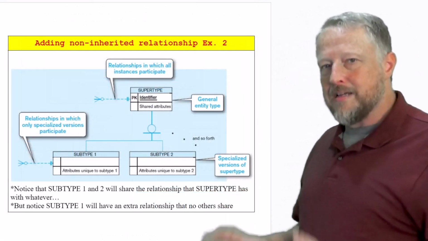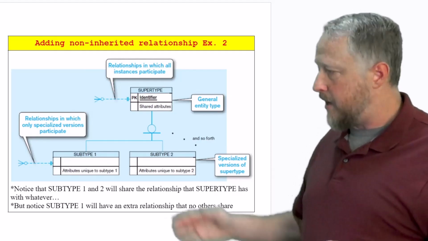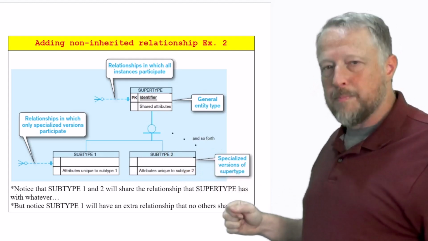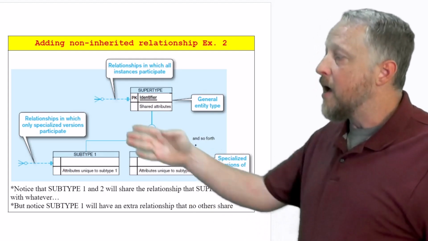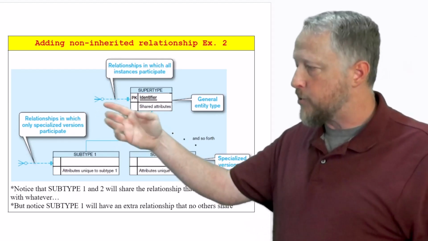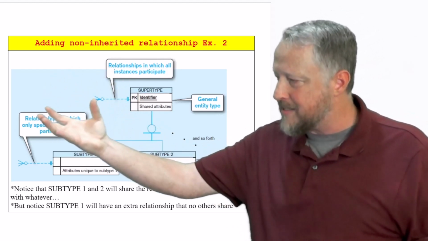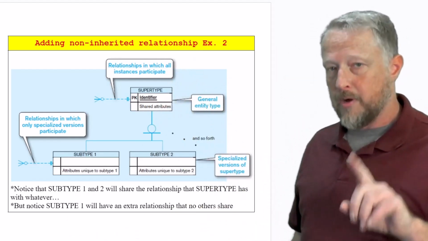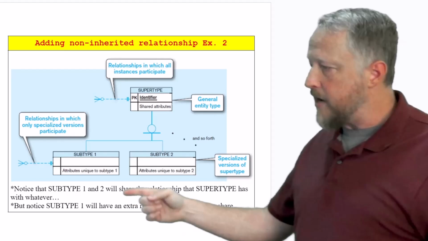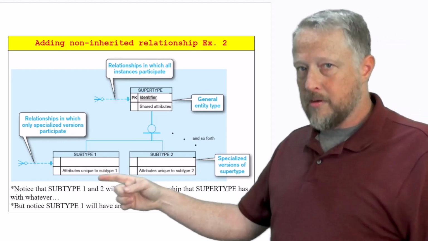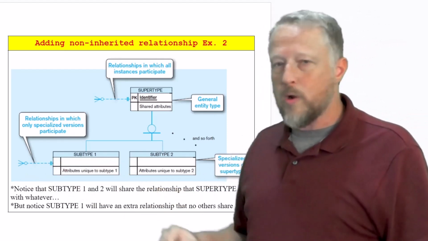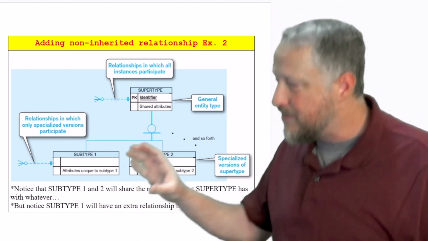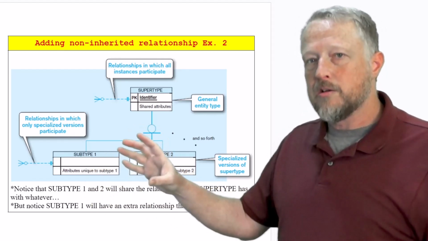In this example, it's very similar to what we did. Here's our inheritance, here's our discriminator, and our subtypes. Like I said in the previous page, if we had something over here with an entity that was linked to the supertype, then everybody gets access to it. But let's say your subtype has a relationship with another entity. Then that only affects this particular subtype.